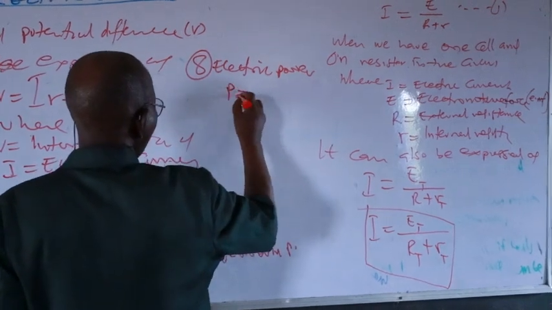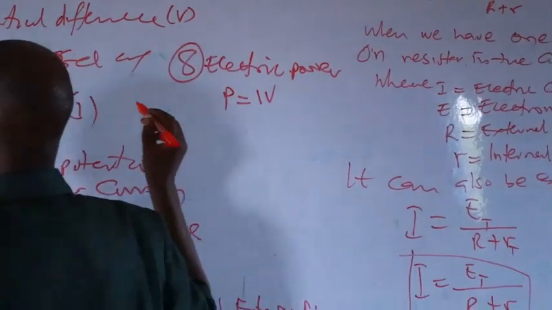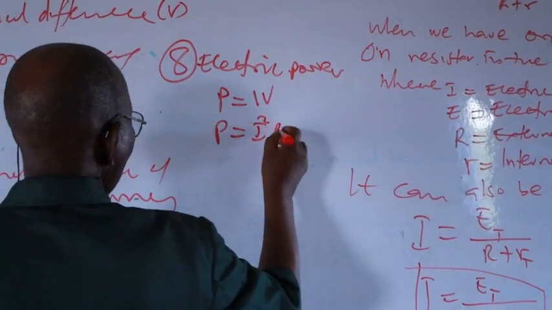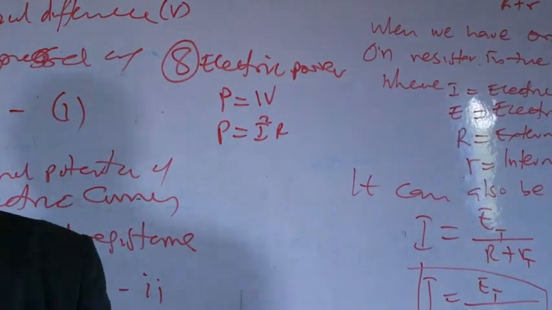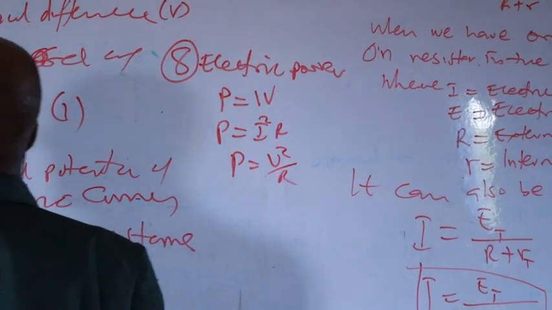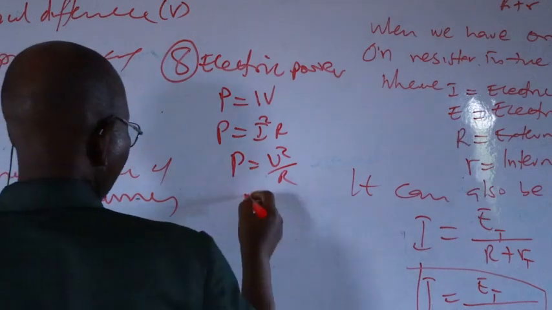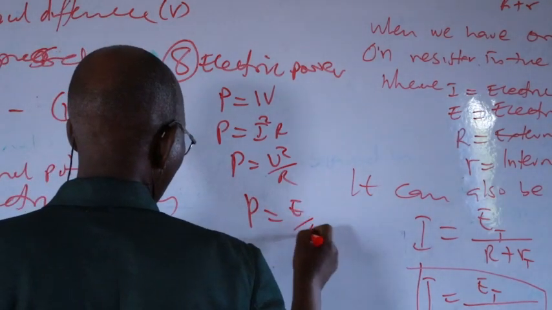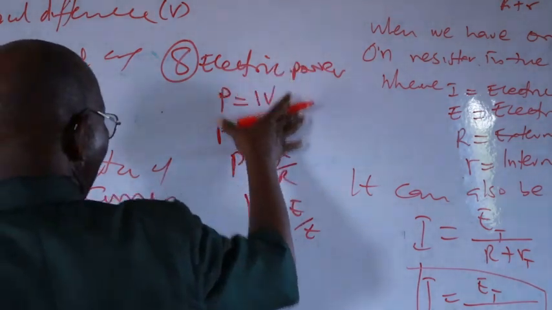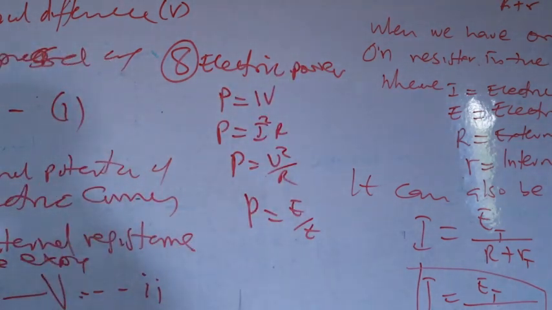And we can express power as IV, I've removed T. Power can be I squared R, like this, I remove T. Power can be V squared over R, I remove T. And power here can be E over T. These are the expressions. Every other parameter here has been defined except the time.